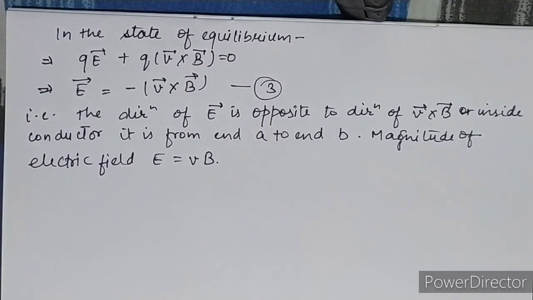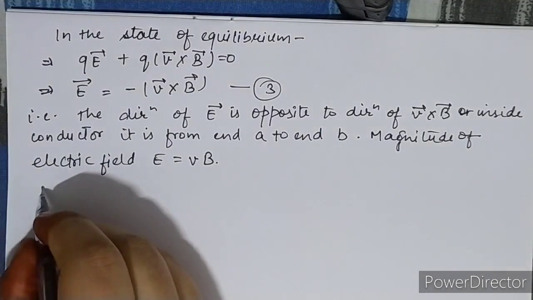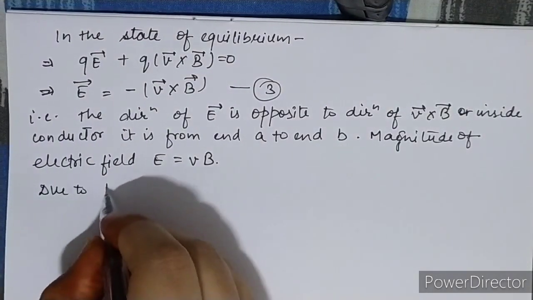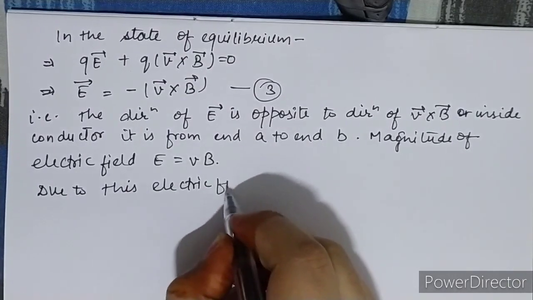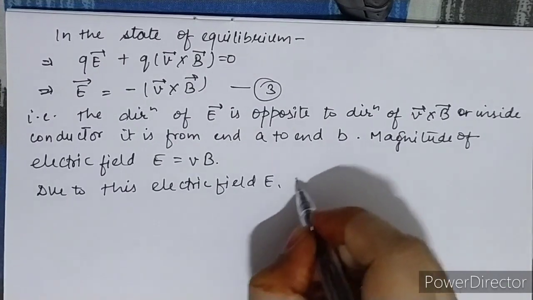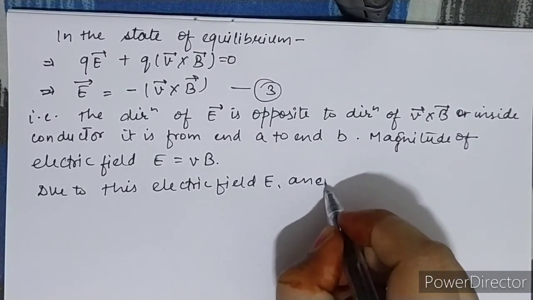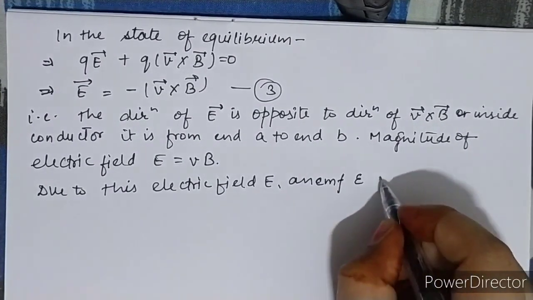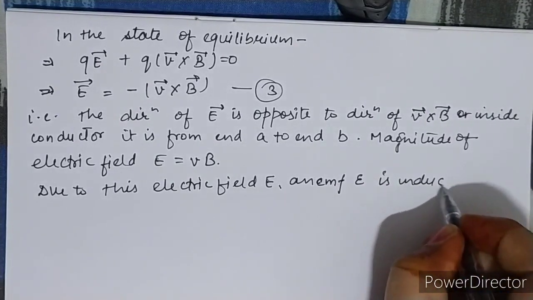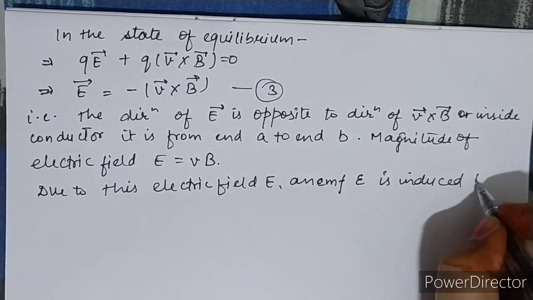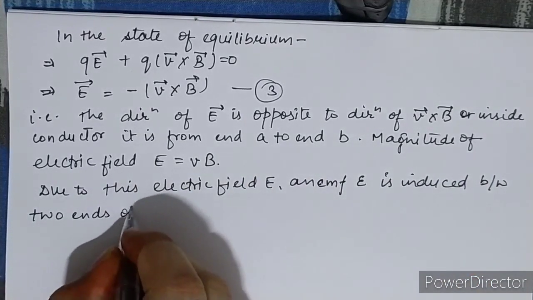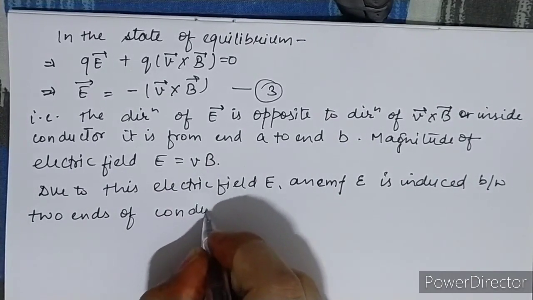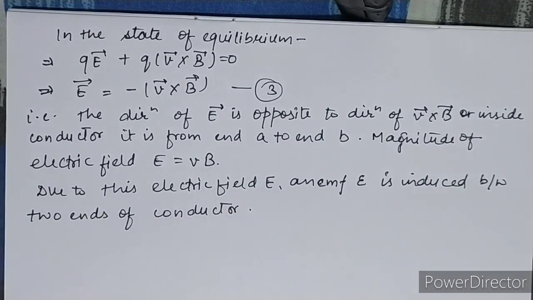Now, due to this electric field, an EMF will also be induced between the two ends of the conductor, isn't it? So, due to this electric field E, an EMF e is induced between the two ends of the conductor.